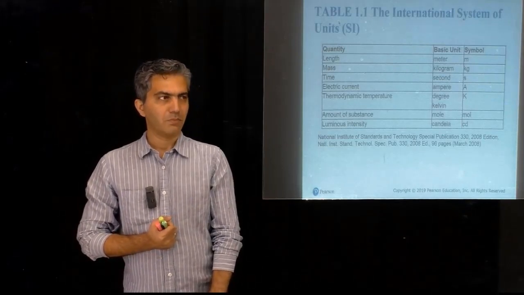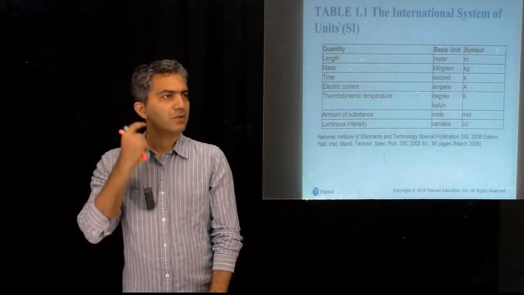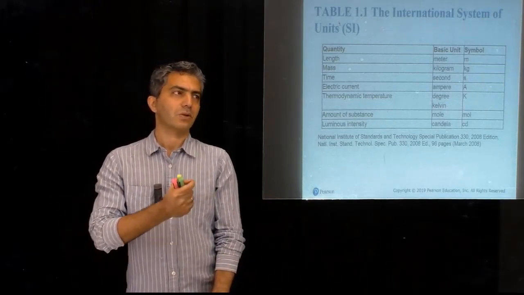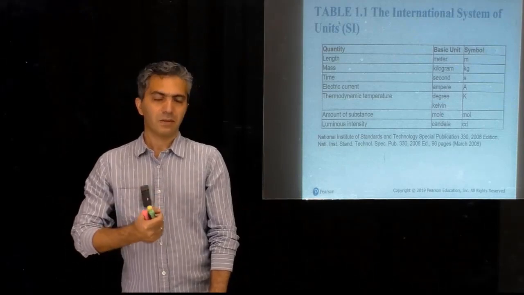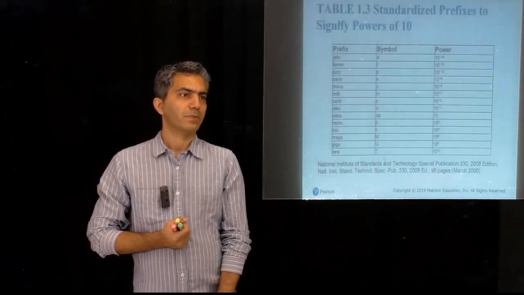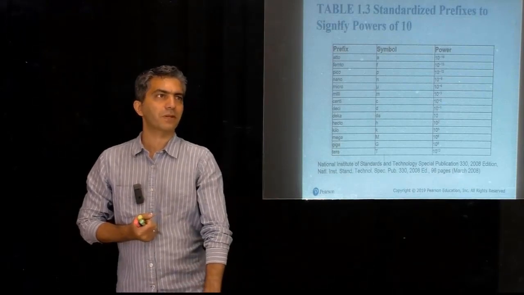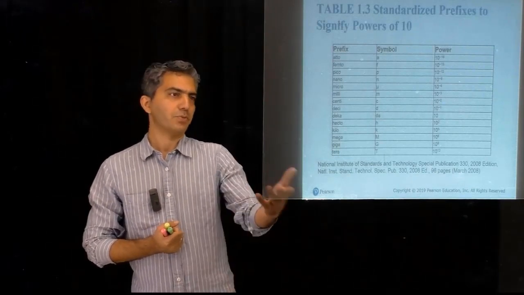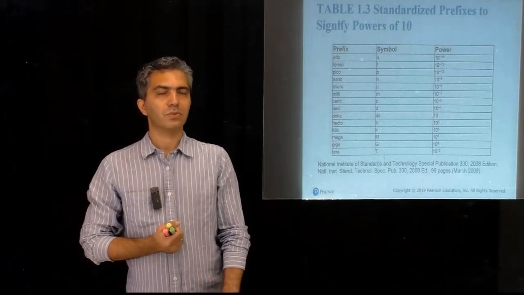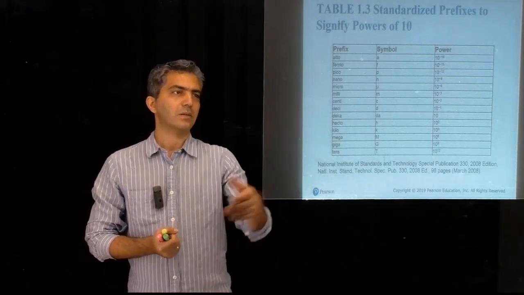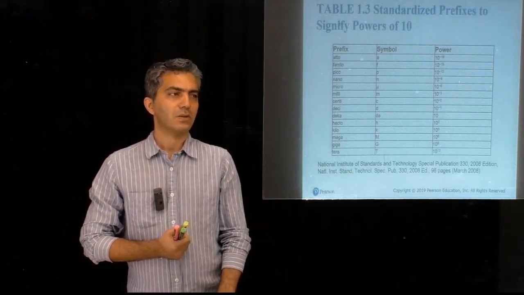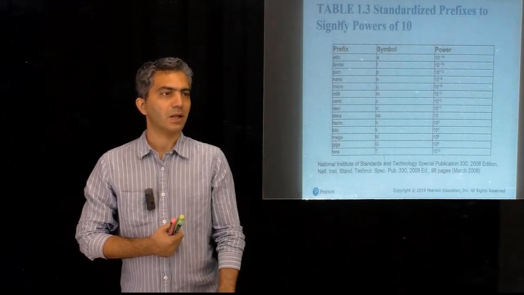But I'm not going to go over them, and I'll leave that to you for your review, and we're only going to start using them as the need arises. This is also important, the prefixes, to know what each one means. It's good for you to know these prefixes and what they mean. In case you don't know, you can always ask me during the class.